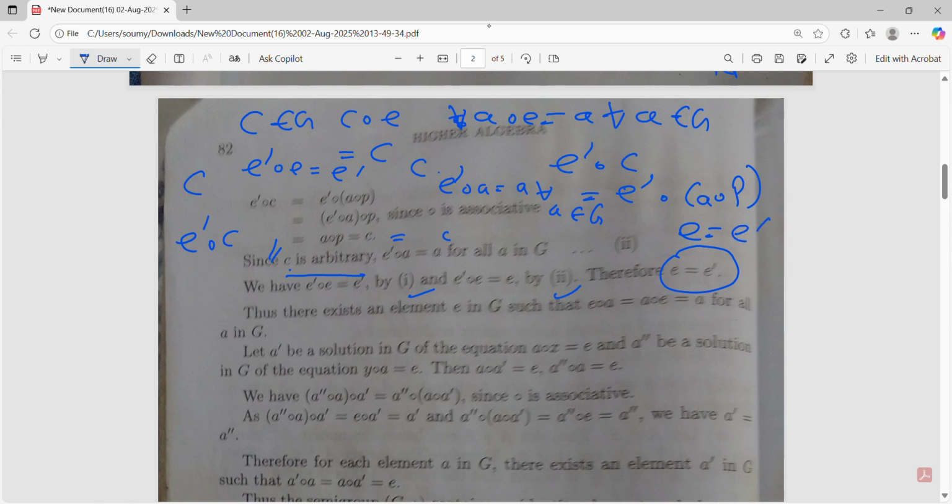So there exists an element E in G such that E compose A equals A compose E equals A for all A belonging to G. So the identity element exists.